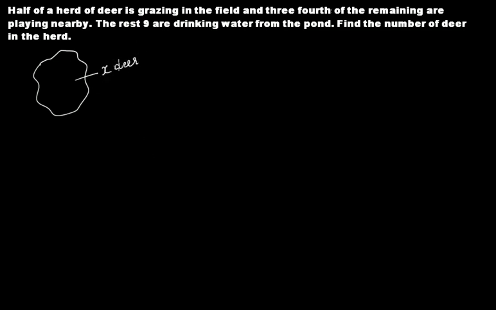Okay. If there are total X deer, then half of the herd is grazing. So what's the half of it? X by 2 is grazing. If X by 2 is grazing, what's the remaining? Remaining is X by 2 deer that are not grazing. 3/4 of the remaining are playing nearby.